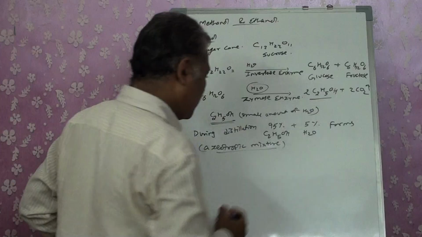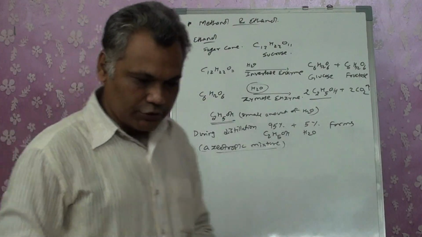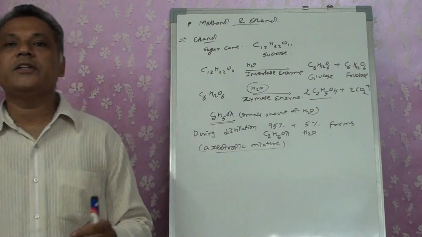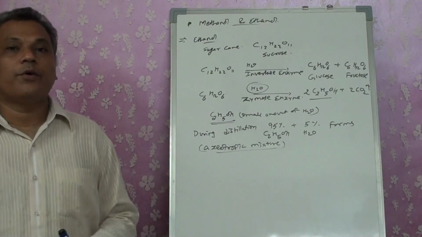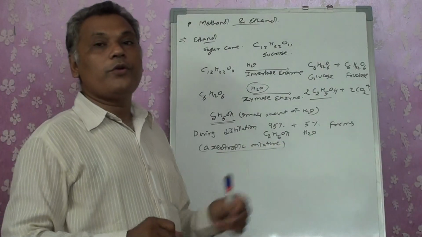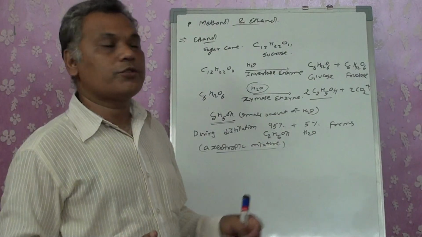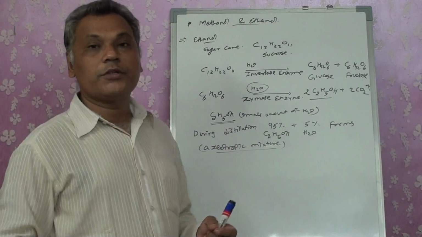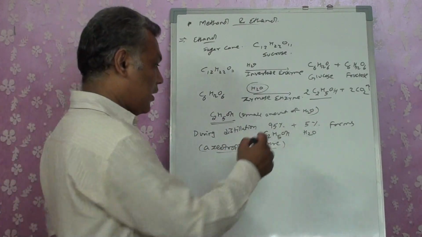Now you have studied the meaning of azeotropic mixture. Both of them have the same boiling point, so it is difficult to separate these compounds. Both are going to distill out at the same temperature, so it's not possible to separate them.